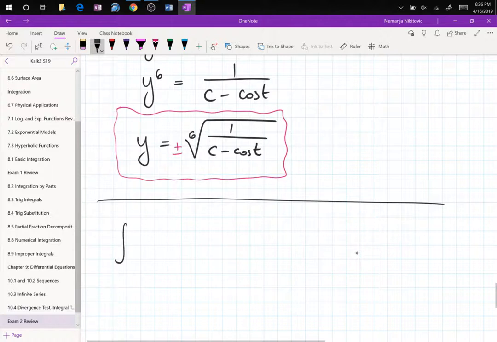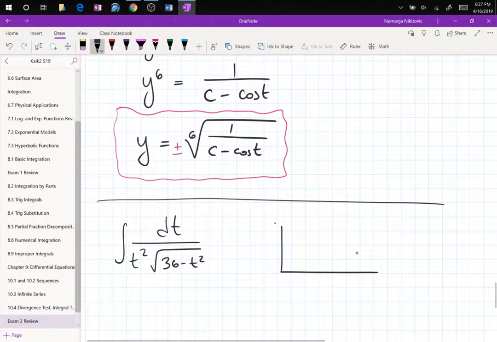Another question. Integral dt divided by t squared square root of 36 minus t squared. Triangle. Theta. 6, t, square root of 36 minus t squared.